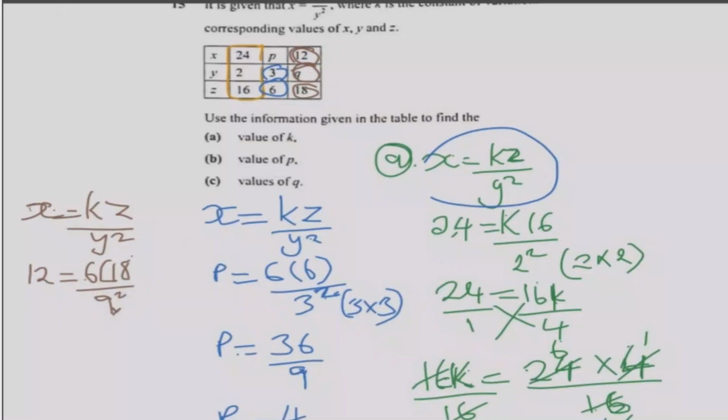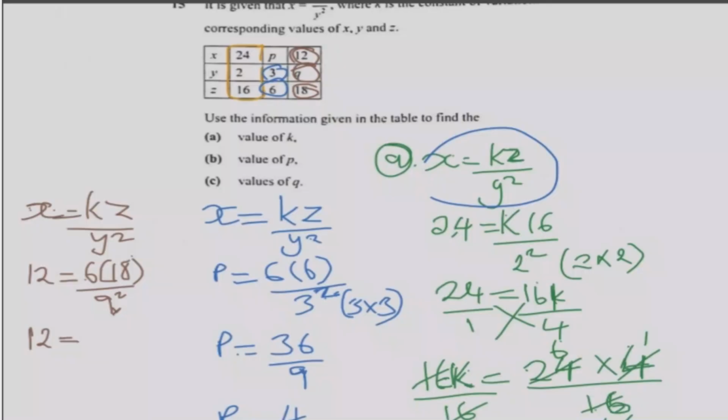Okay, so now we evaluate. We have 12 is equal to 6 times 18, what are we going to get?